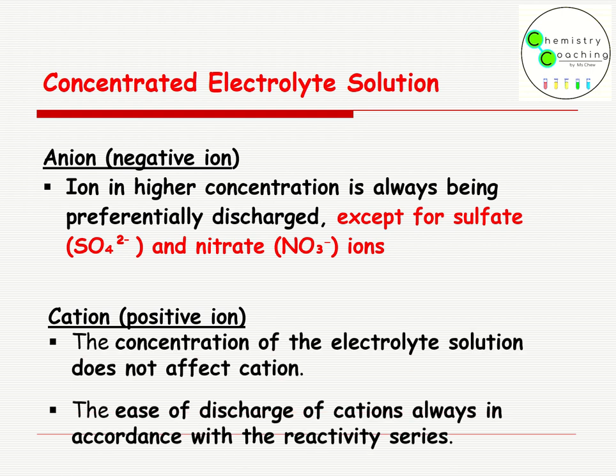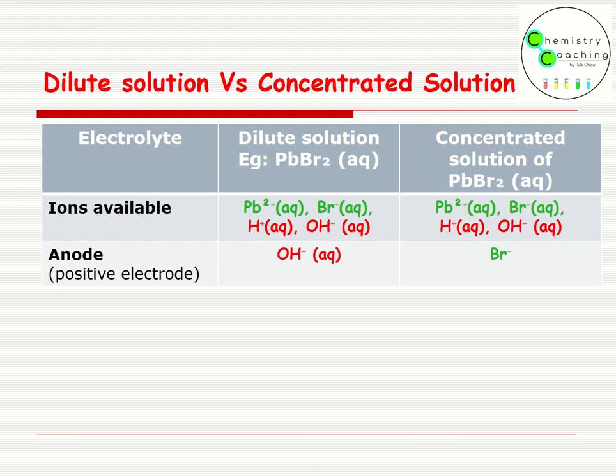Let's have a look at this example here. Earlier on, we have the electrolysis using dilute lead bromide solution. So we have this comparison between the dilute solution versus the concentrated solution. So my question to you, at anode, which ion will get preferentially discharged? Should it be OH- or Br-?